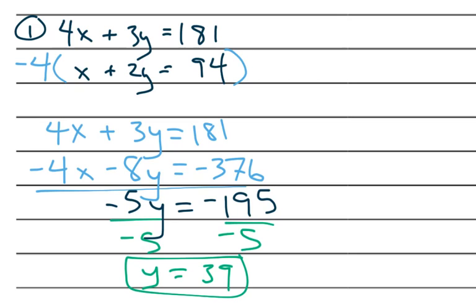Given the choice of which of these two to plug into, I'll go with the original on the second one, and I'll write x plus 2 times 39 equals 94.